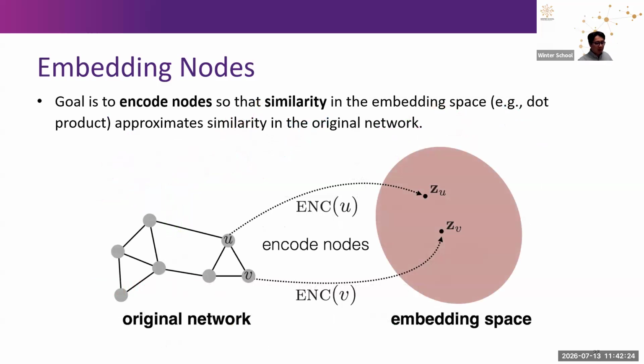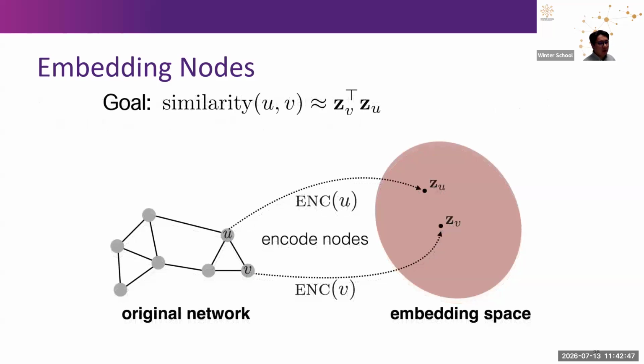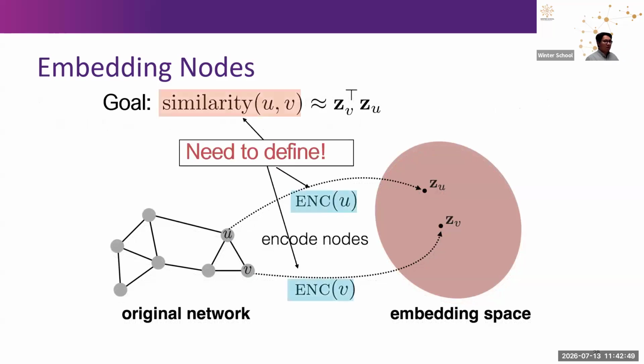The idea of graph embedding here is we embed the nodes of the graph. We want to find the encoder of your graph data. After the encoding, the embeddings in the embedding space should be close enough if the nodes are actually similar.